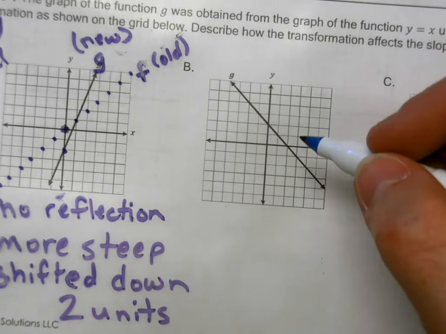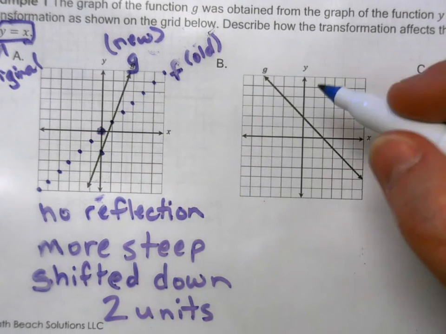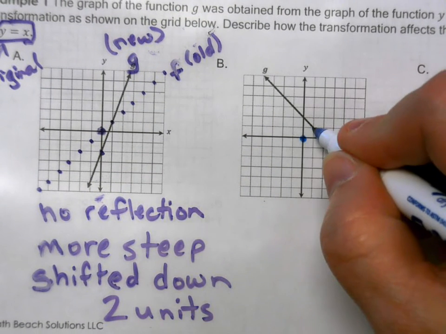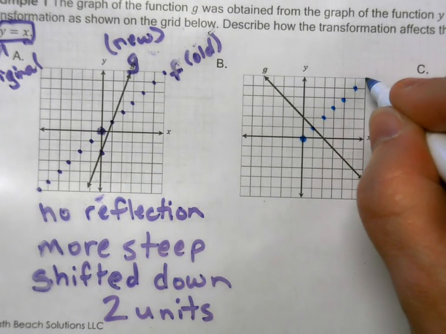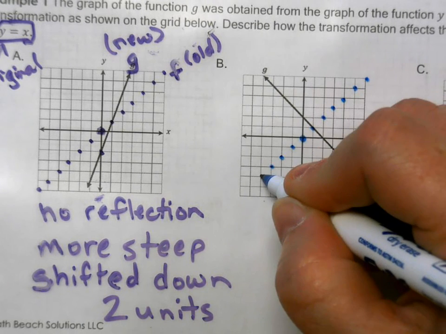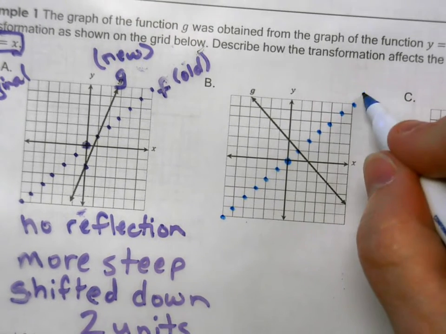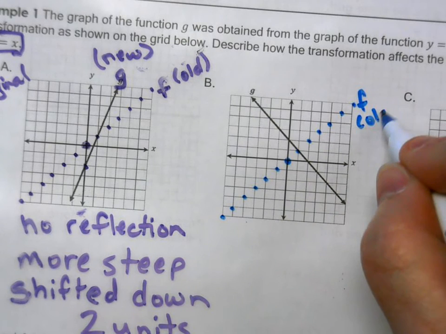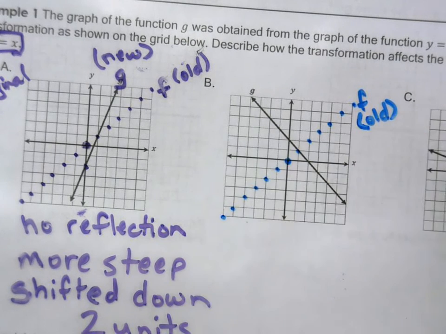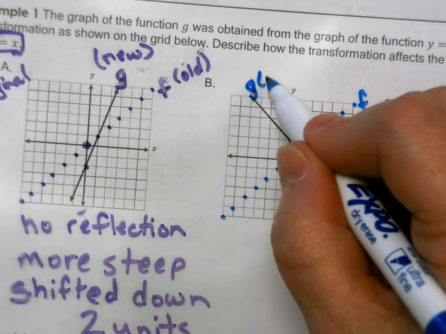So I'm going to go ahead on this next graph and graph my original graph so I can see my change. So here's my f. This is my old, and g is my new.